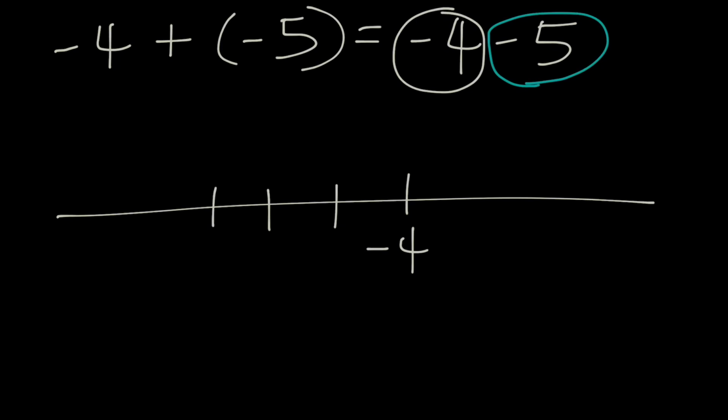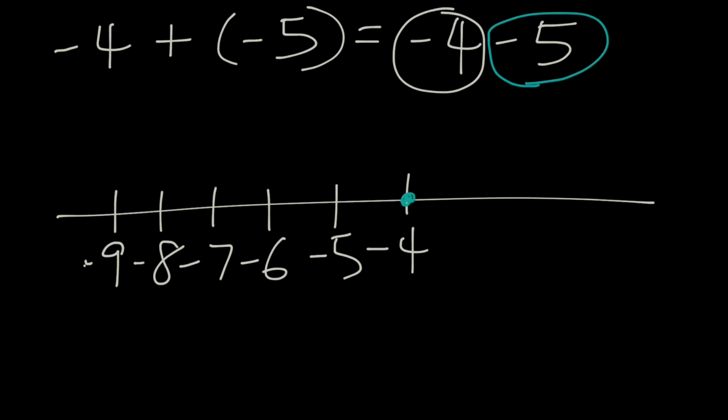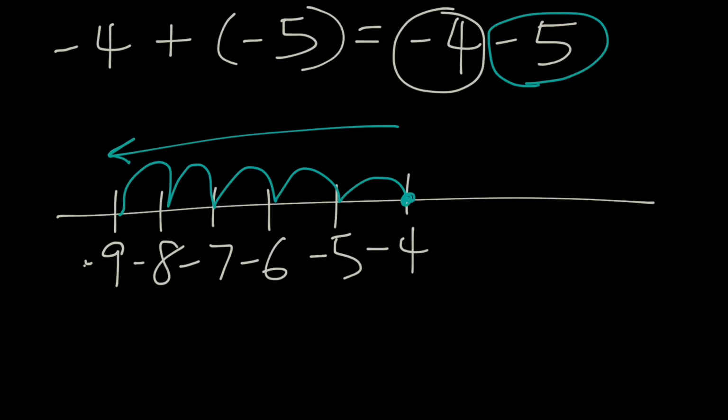So that would be 1, 2, 3, 4, 5. Negative 5, negative 6, negative 7, negative 8, negative 9. So the starting point is here, going 1, 2, 3, 4, 5, heading that direction. So our final answer would be negative 9.